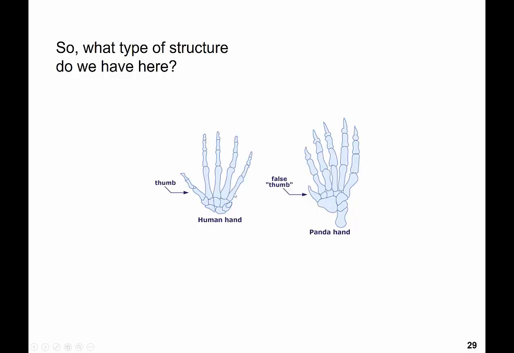So if we look at the number of digits, we see we have these 5, but the panda has this extra false thumb since it's coming off of these carpal bones. In this case, thumbs have similar functions, still helping to grasp. However, for the panda, this has a different origin. So in this case, the false thumb of a panda would be an analogous structure.